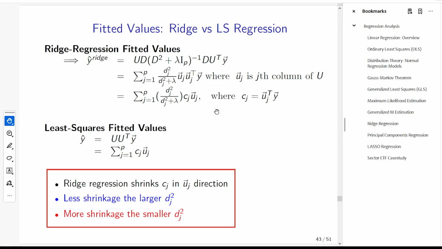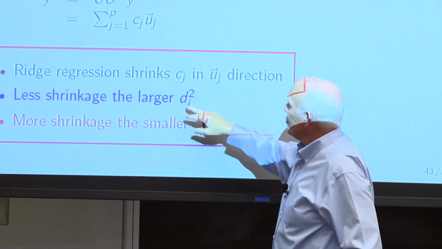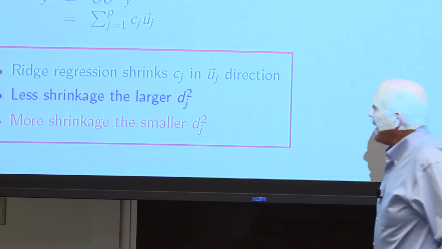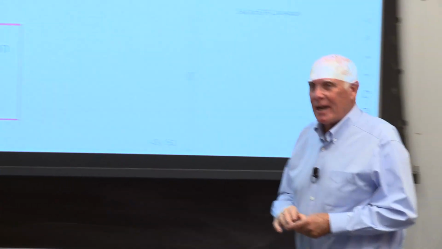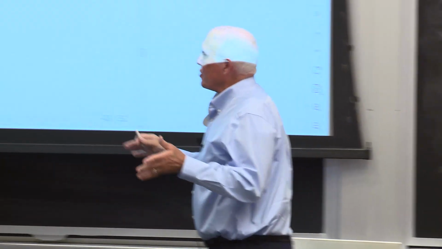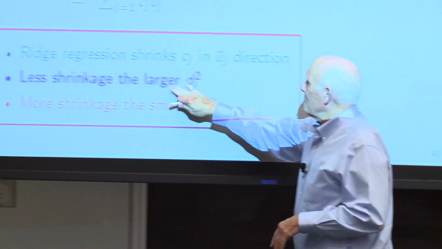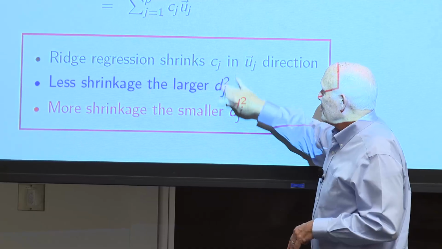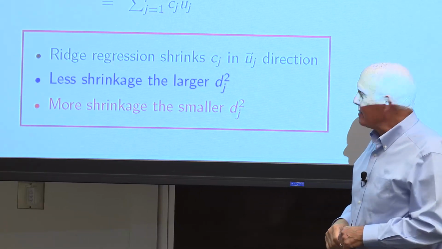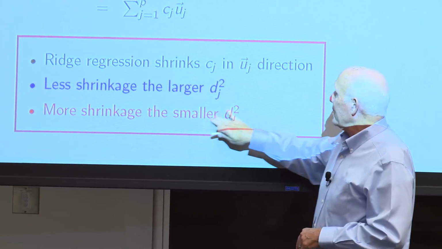So when lambda is 0, ridge is equal to least squares, and the least squares fitted values are given here. But with ridge regression, we have shrinkage. What's curious is that there's less shrinkage for the larger squared singular values, and more shrinkage for the smaller ones.